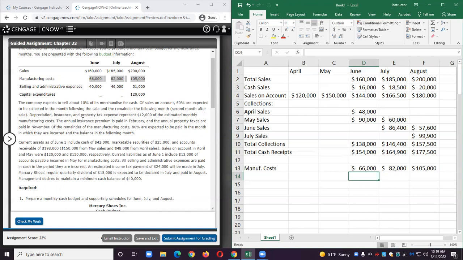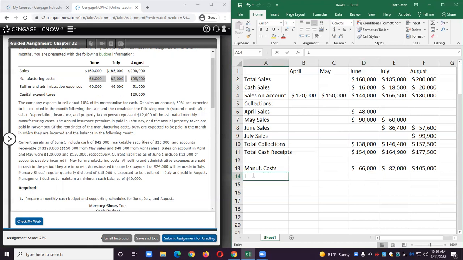We're interested in cash. We also know that an insurance premium we paid in February, although it's being allocated, or we're using adjusting entries to claim the expense for a portion of it during June, July, and August. We know we're not actually paying any cash for that insurance in June, July, and August. And the same thing for the property taxes, which get paid in November, it said.